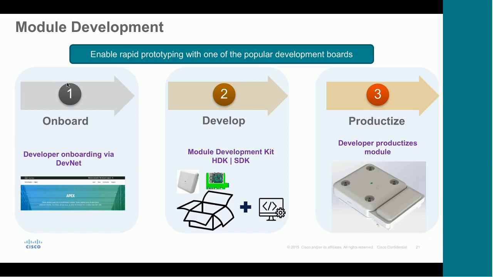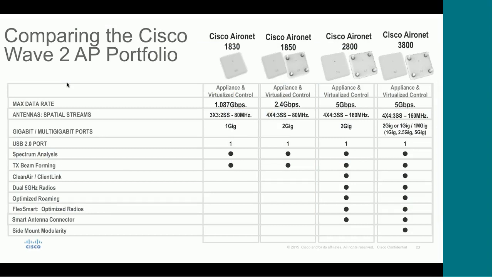So we have a program which is basically a development framework against these access points. And really what this allows our customers and our partner base, with our partner ecosystem and software ecosystem, to do is start expanding on these access points and what they can do. What can they do from an IoT standpoint, mobility convergence?